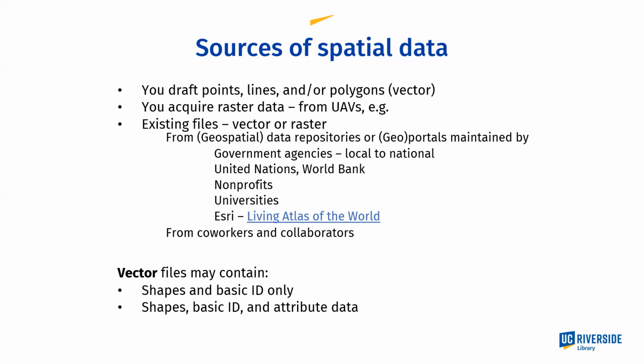Similarly, if it's raster data, you can acquire it yourself, perhaps from having a camera or some other kind of sensor mounted on a UAV, which is like a drone, and you're creating or acquiring that data yourself that way. But for a lot of us, we're going to be trying to look for existing files of vector or raster data, and here are some places where you can find them.